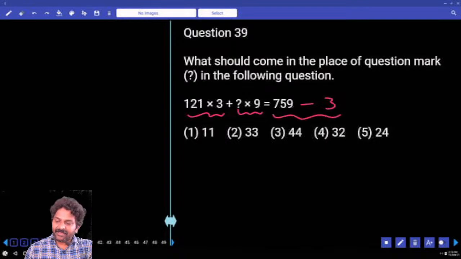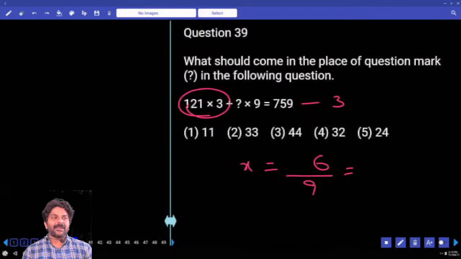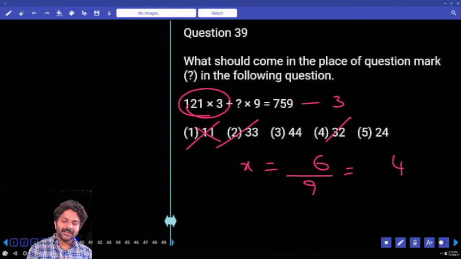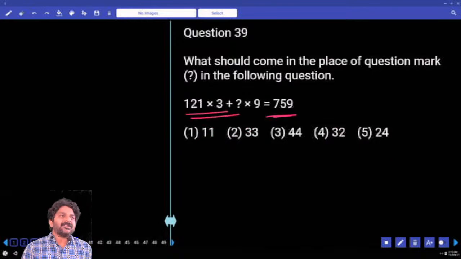So 759, and if this number goes to the other side, the right hand side number ends with, which is x into 9 only. Then x is divided by 9. 9 into which number ends with 4? The answer must end with 3, so options are already eliminated. Now I want to see whether my answer is nearby 40 or nearby 20. Is that okay? On the right hand side, what is the number that we already have? 750, approximate. This is approximate.